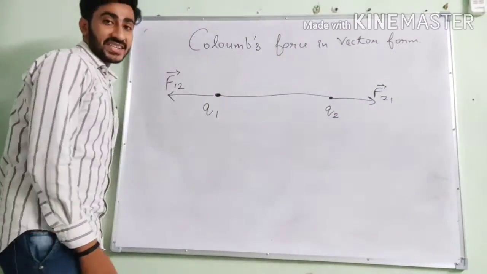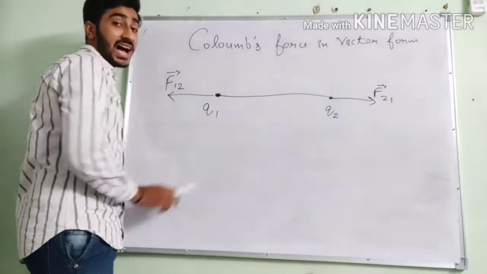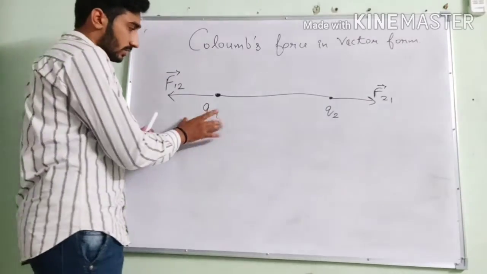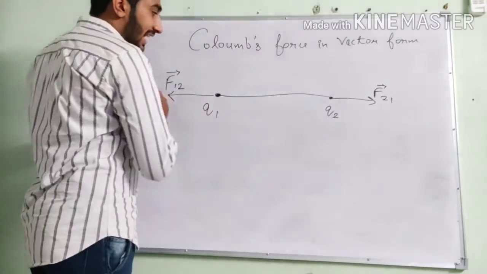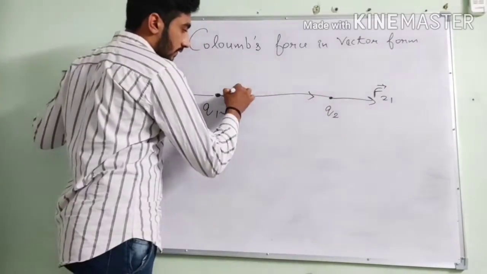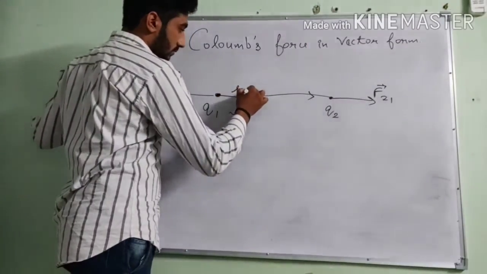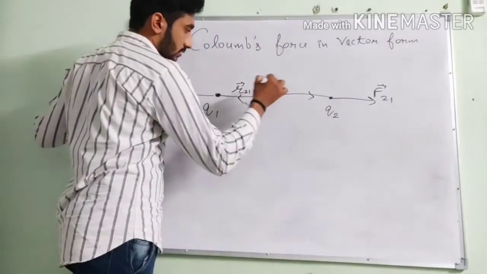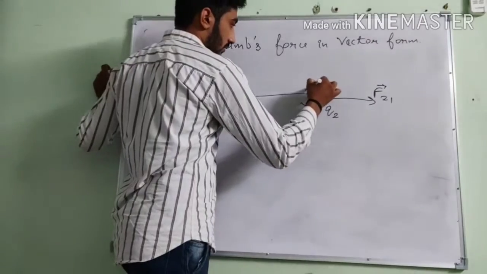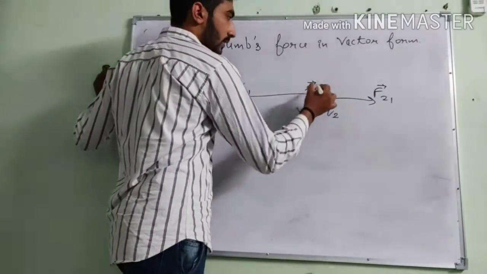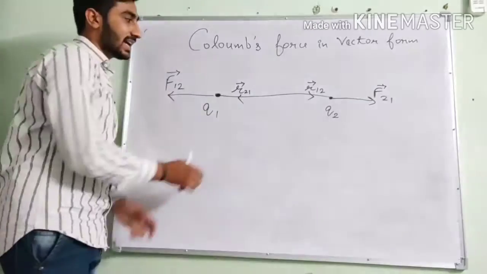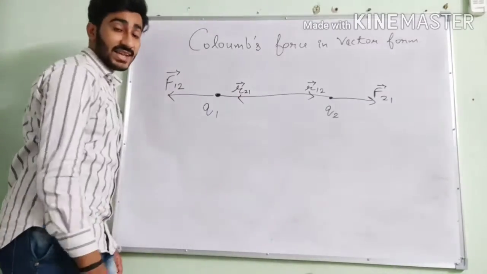Now the role of direction. That is the R vector, or R cap you can say. Now the direction of charges is given by R21, which is in this direction.